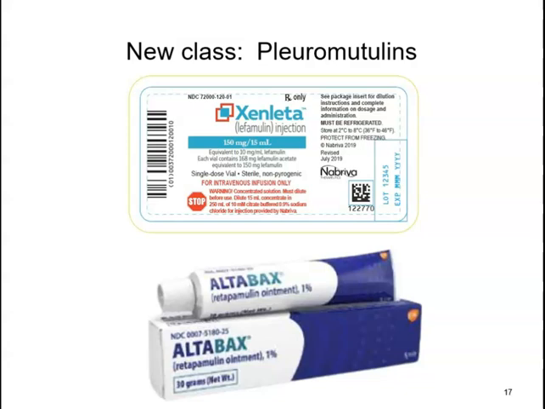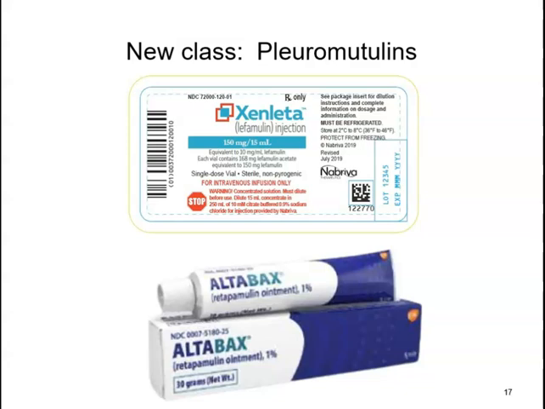But despite having some evidence that these would be useful in humans, there really wasn't any marketing authorization up until this new century. So there's a lot more interest in this class now because of the potential for drug resistance. And as a result, there's been the development of these two medications that are used for humans.